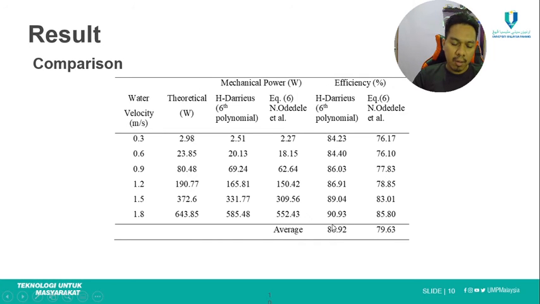It shows that the H-Darrieus turbine, based on the sixth polynomial equation, has the highest efficiency compared to equation number 6 by Nordin.